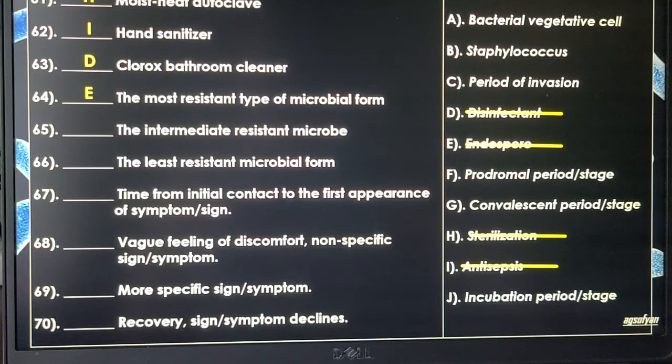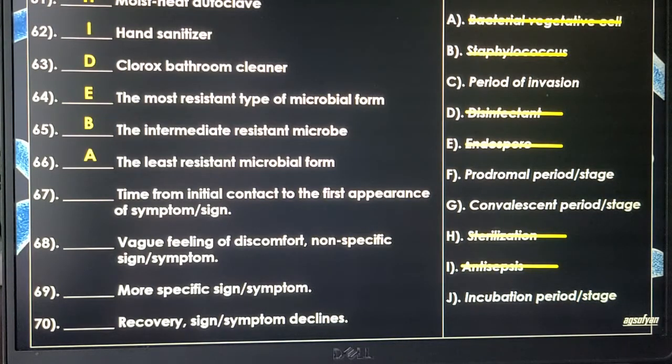The intermediate resistant microbes. Choose your answer. Yes, it should be Staphylococcus from the choices over there. So it's B. Cross the answer. 66. The least resistant microbial form. Choose your answer. Yes, it's going to be A, bacterial vegetative cell. We cross that answer.